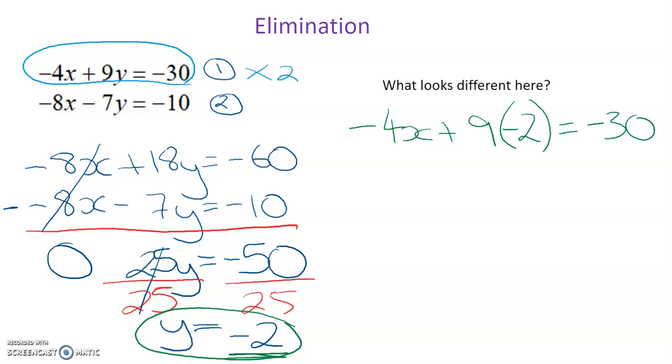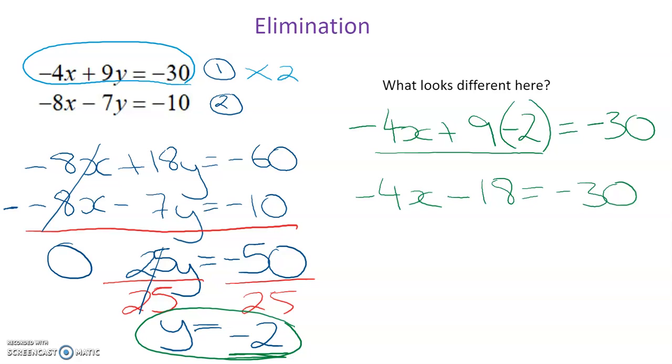Then I'm going to simplify the left-hand side. -4x hasn't changed, but 9 times -2 is -18, equals -30.